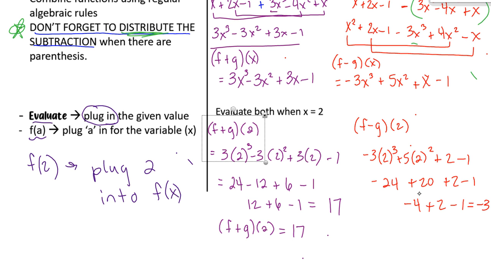And then after I plug that in, as long as I didn't make any math errors, f minus g of 2 equals negative 3. Check my math. Email me if I made a mistake.